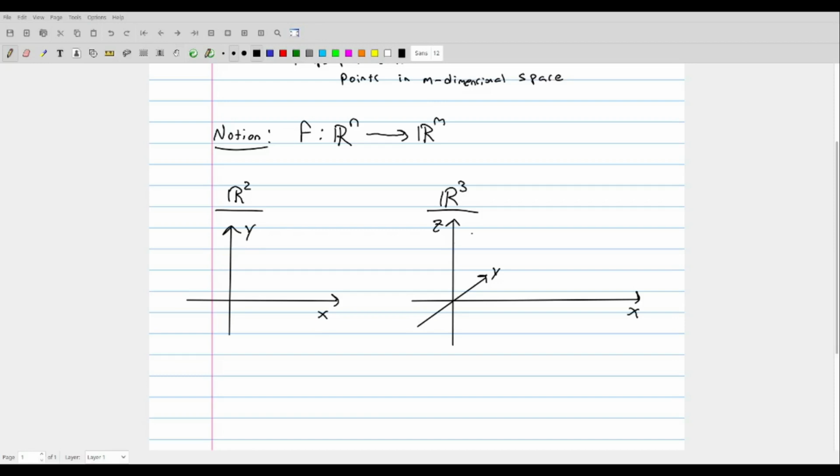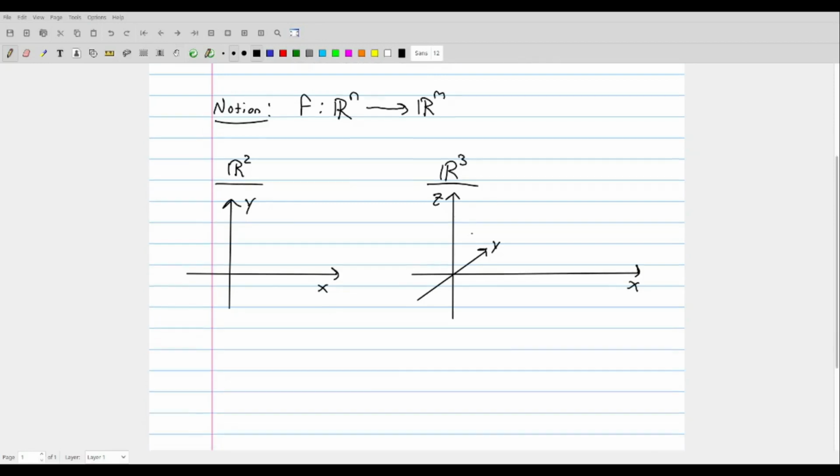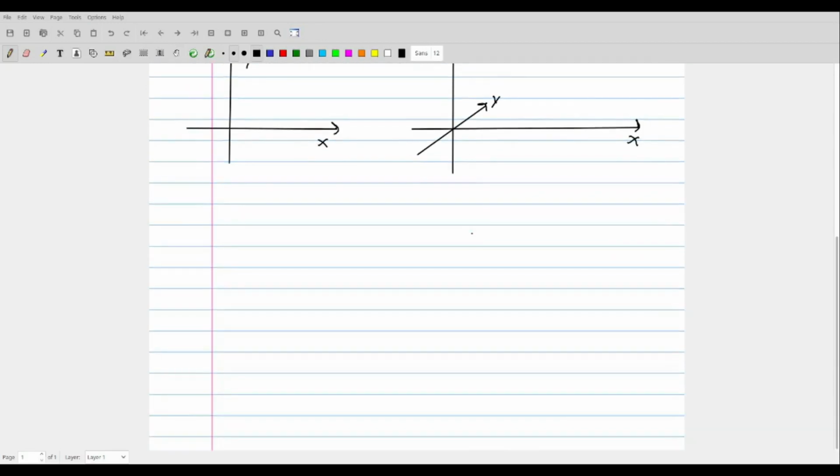So there's no need to stop at three dimensions, and we saw in our examples that functions of many different dimensions are important. But what we're going to focus on for at least the first part of this course is just functions from n-dimensional space to R, the real number line.